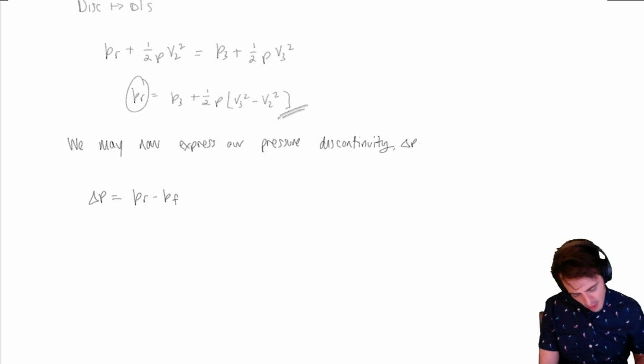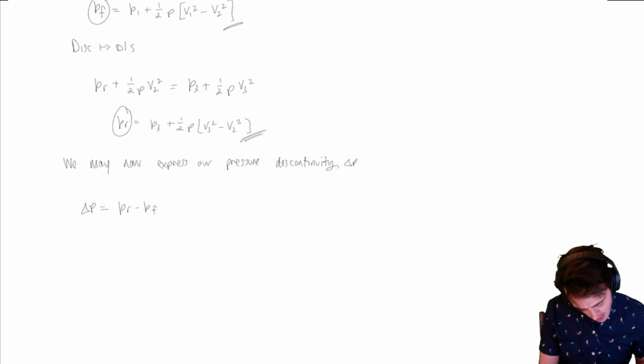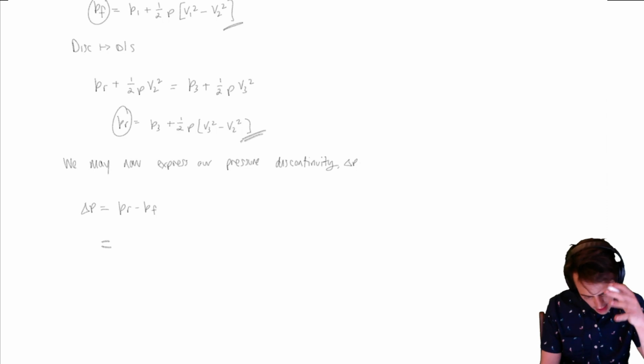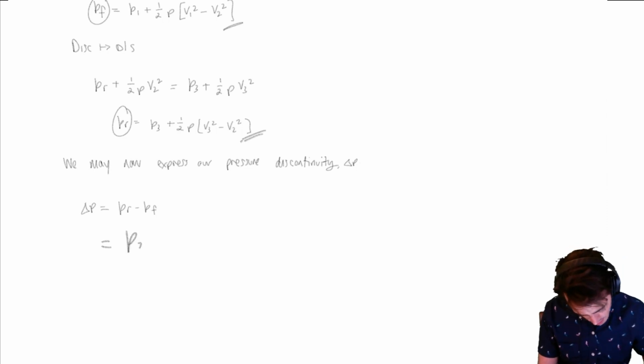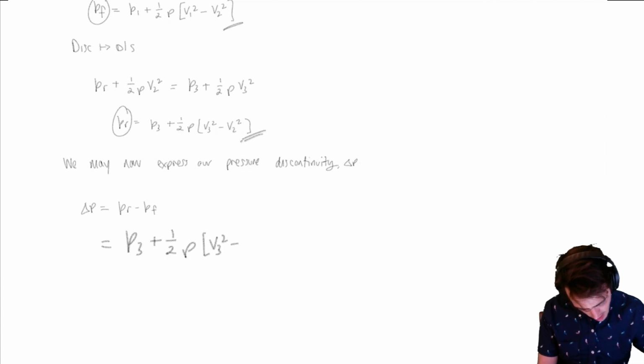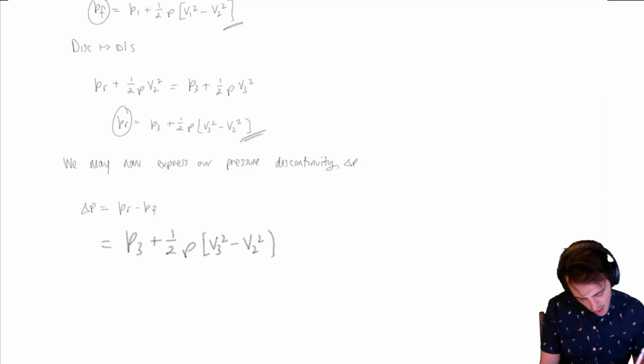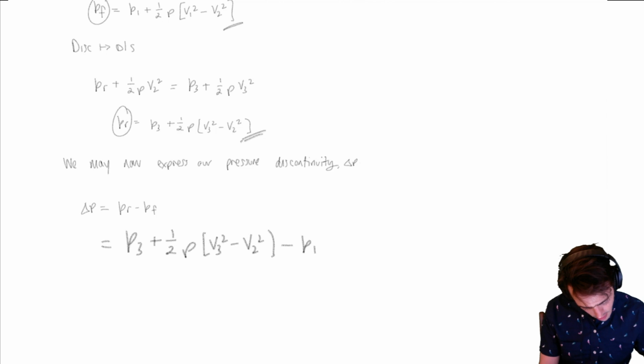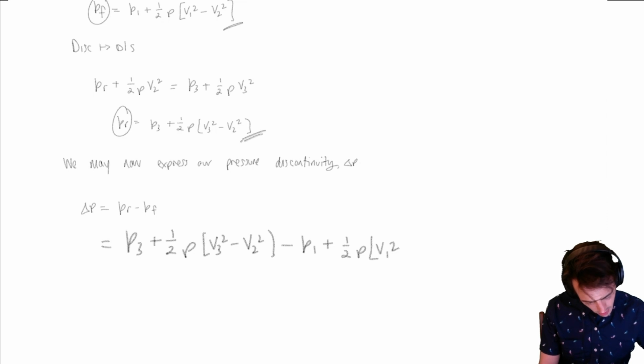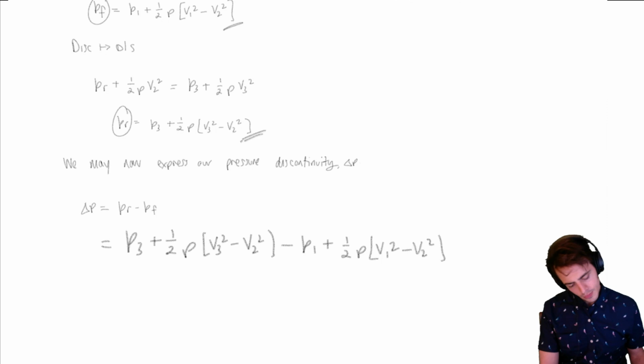But we can use these equations that we've developed and let's just zoom out a bit so we can write these in. Pressure on the rear side, we've got P3 plus a half rho V3 squared minus V2 squared, minus the pressure on the front side, so minus P1 plus a half rho V1 squared minus V2 squared.